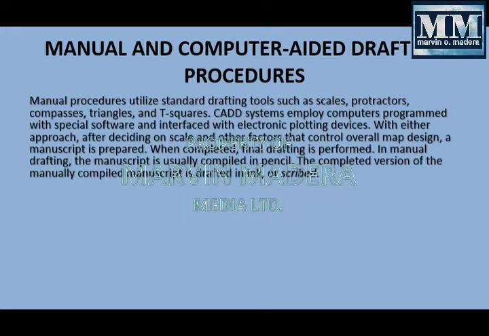With either approach, after deciding on a scale and other factors that control overall map design, a manuscript is prepared. When completed, final drafting is performed. In manual drafting, the manuscript is usually compiled in pencil. The completed version of the manually compiled manuscript is drafted in ink and scribed.